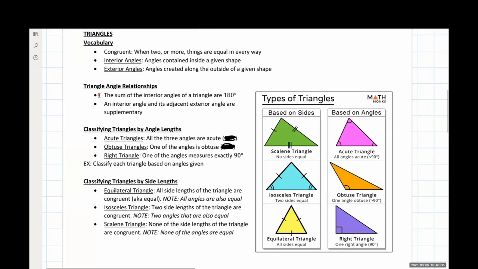We have the triangle angle relationships. Remember that the sum of the inside angles of a triangle are always 180 degrees. No matter which of these types we're working with or combination of these types, the inside angles always add up to be 180 degrees. No exception to that.